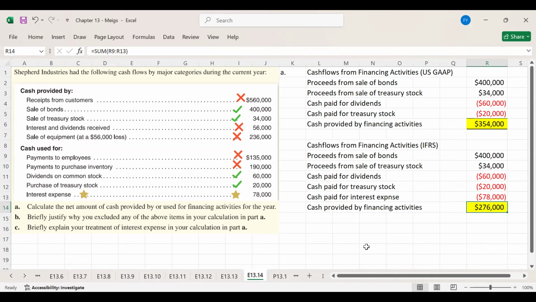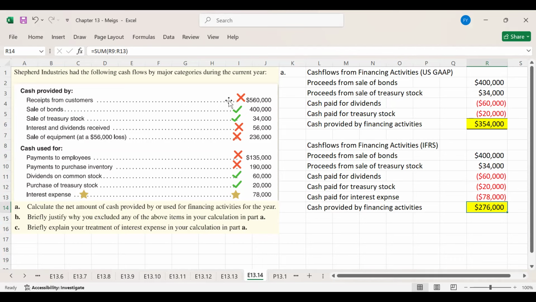The total cash flows will not be affected whether the company presents interest expense as financing activities or as operating activities. The second requirement is to briefly justify why you excluded any of the other items in your calculation in part A.